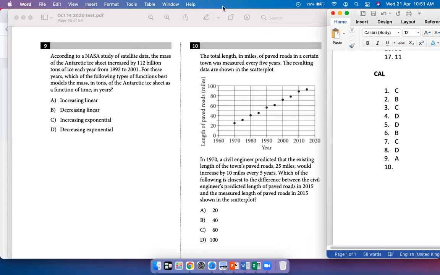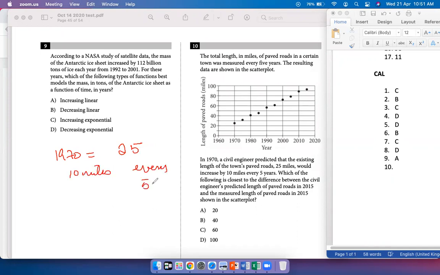Okay, so we have to first figure out in 1970, the value for the paved road was 25 miles, right? And it increases by 10 miles every 5 years, right? That's what the engineer said. So between 1970 and 2015, how many 5-year blocks do we have? If you do 2015 minus 1970, that's 45 years. 45 years has 9 5-year blocks, right?